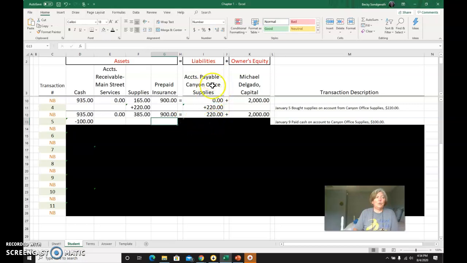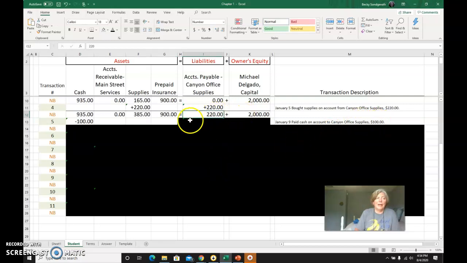Did something happen to accounts payable? Yes, this was on account Canyon Office Supplies. So this is where it gets tricky for most people. Accounts payable is a liability. Is it going up or down? I paid cash on account to them. So I owed them $220 and I'm paying them.